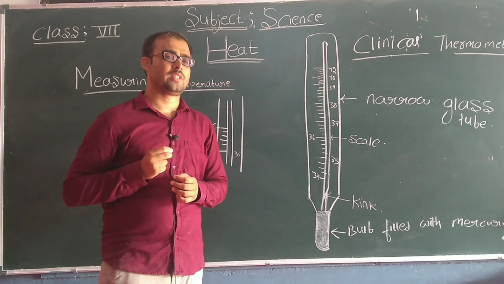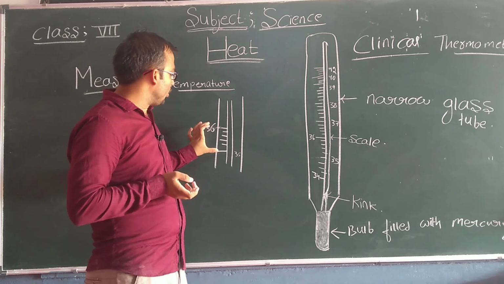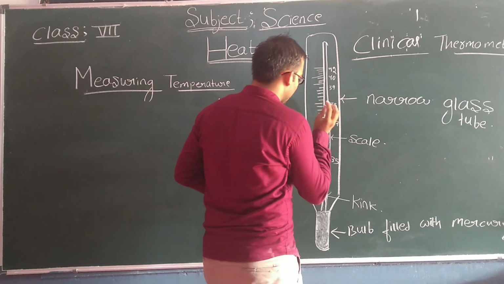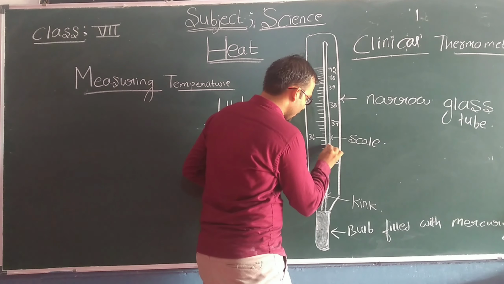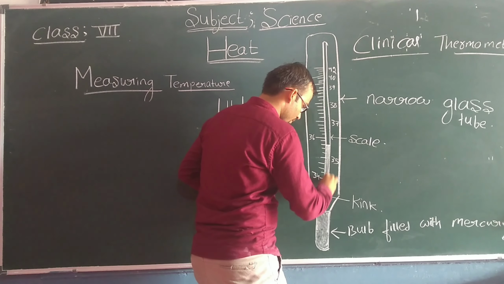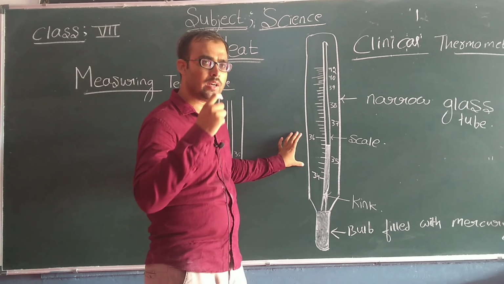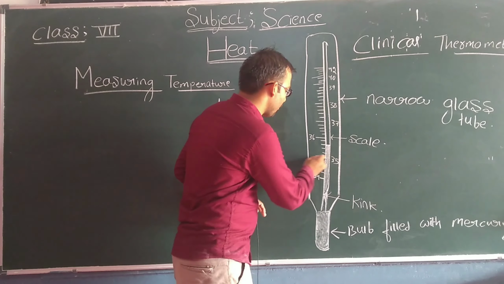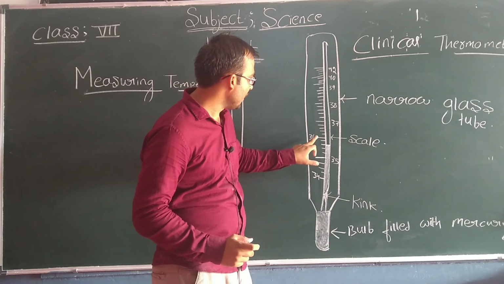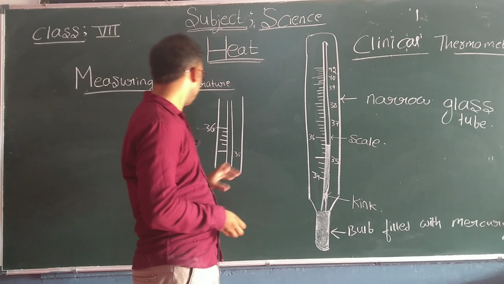Suppose you have kept the thermometer in your mouth and the level of mercury rises. Here two bigger marks indicate the level of mercury. Suppose you have checked your temperature and the level of mercury is between 35 and 36.